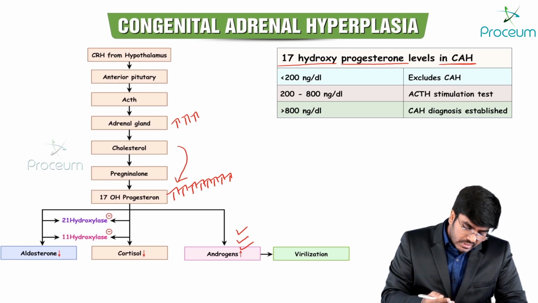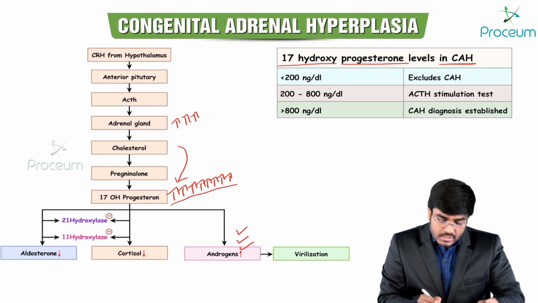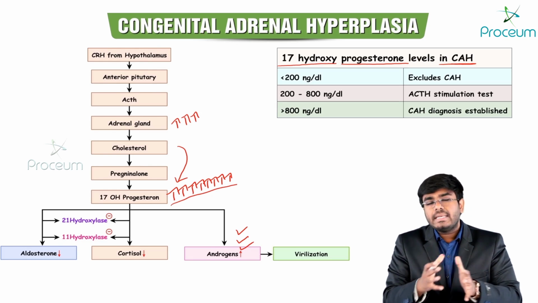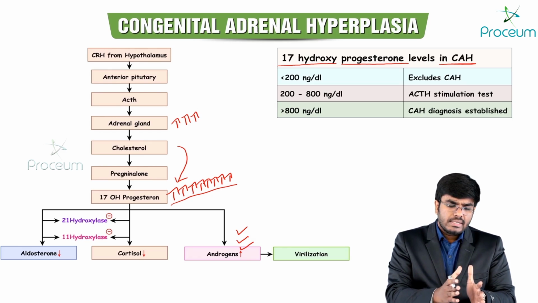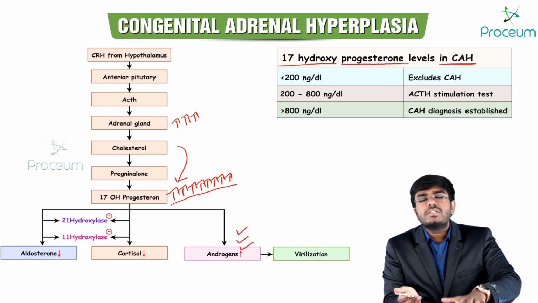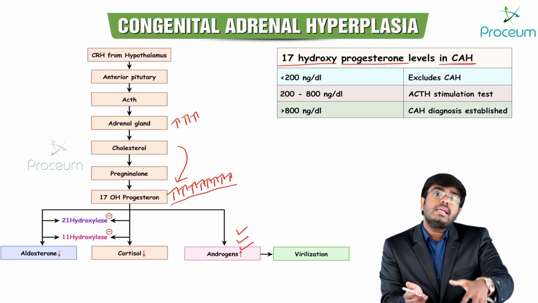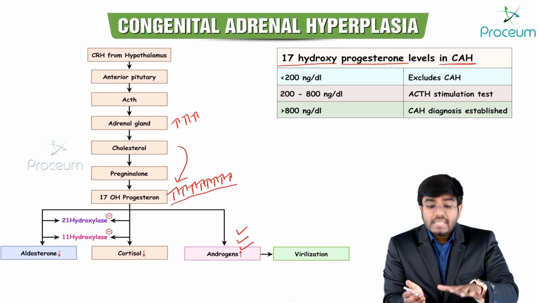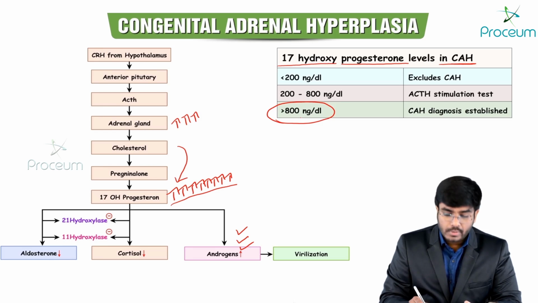So what about the levels of 17-hydroxyprogesterone? Elevated. See, if you are trying to do the screening for congenital adrenal hyperplasia, suspecting whether this baby has congenital adrenal hyperplasia or not, then you can measure the 17-hydroxyprogesterone levels. Why? Because if it is a condition of CAH, the 17-hydroxyprogesterone levels are so high.